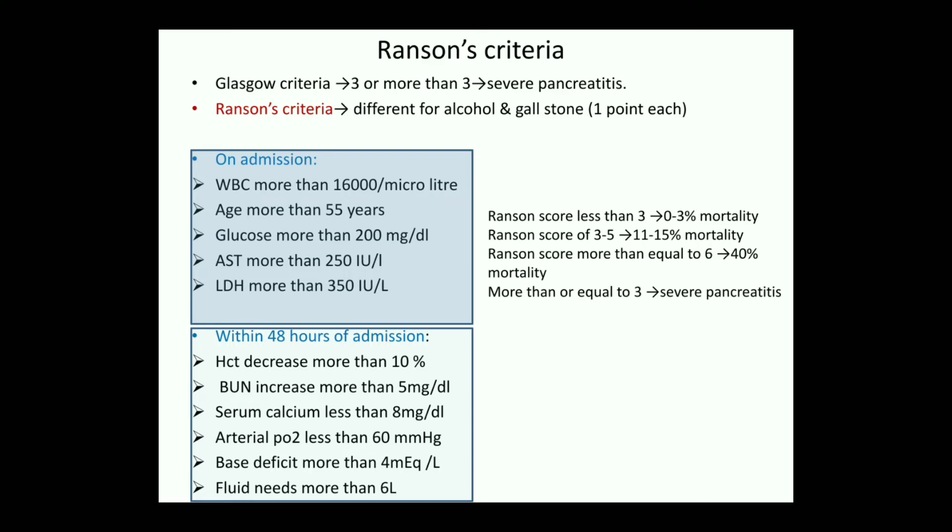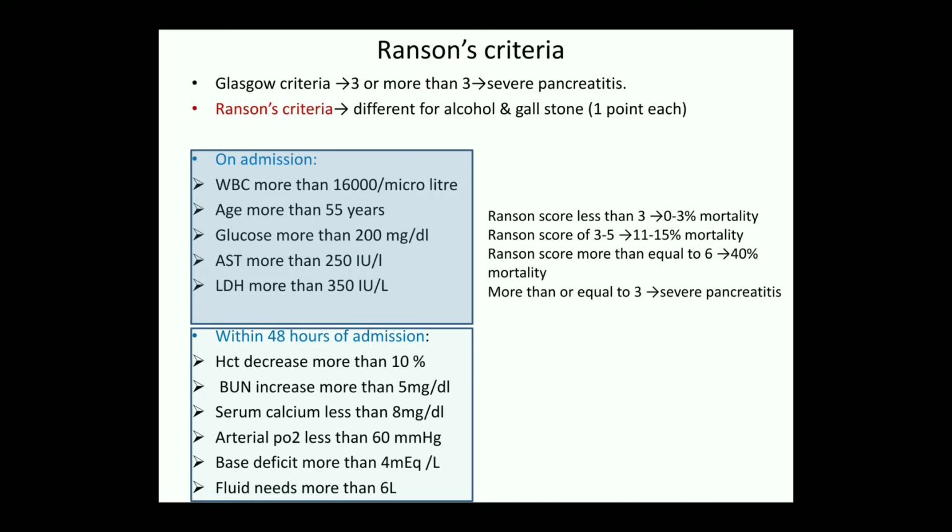The Ranson criteria will be different for alcohol and also different for gallstone pancreatitis. Some criteria are assessed on admission, and some within 48 hours of admission, and each is given 1 point.